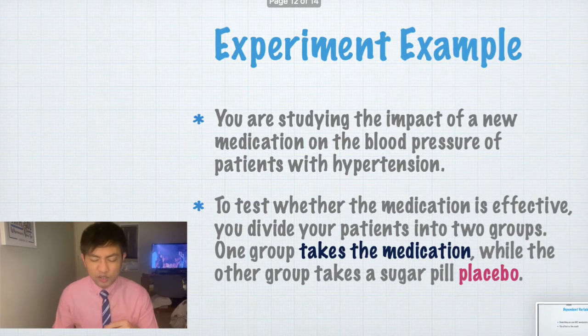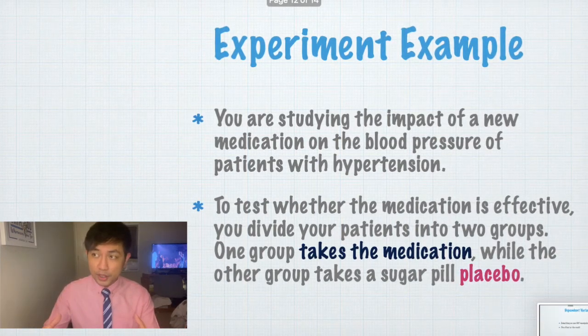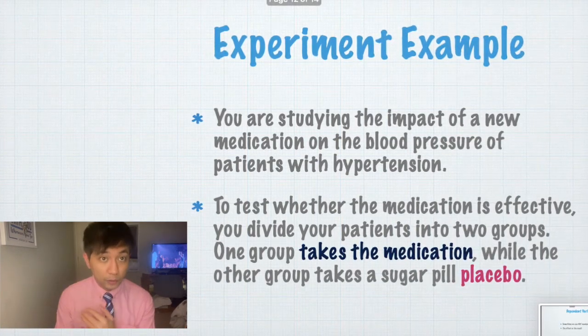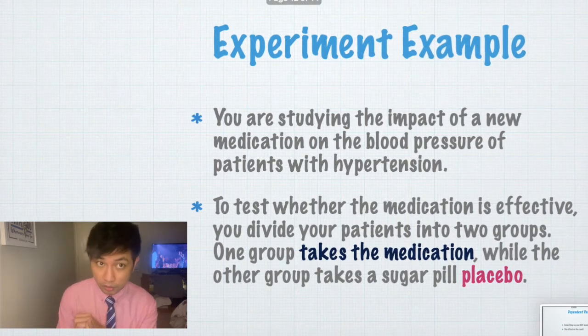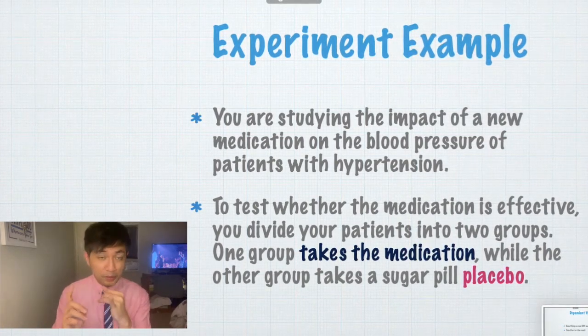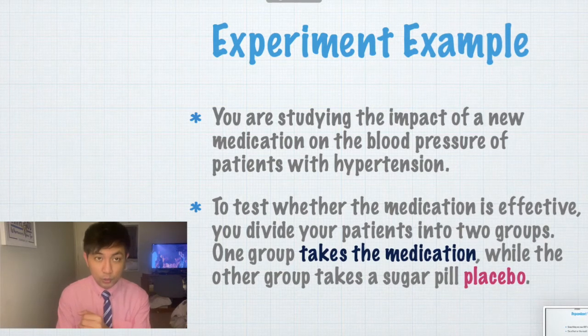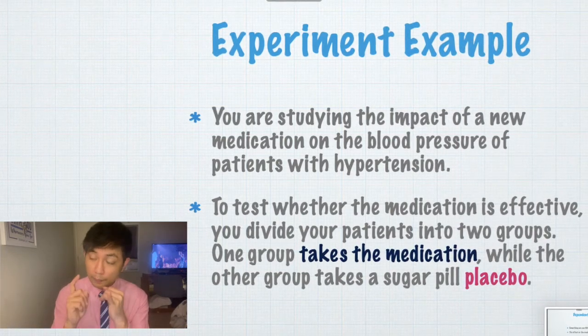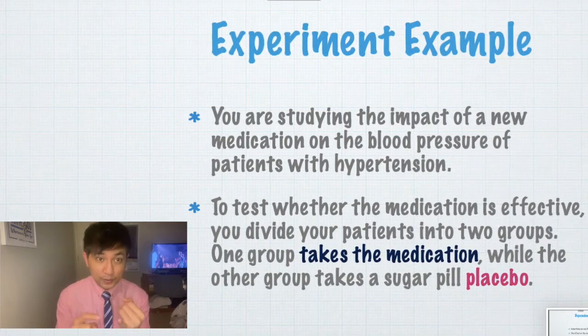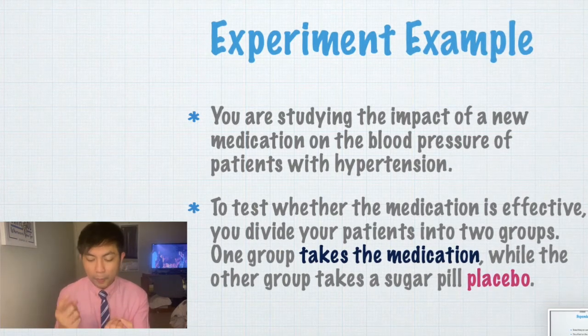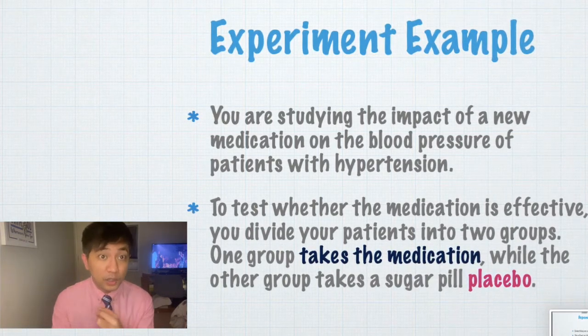In that situation, the independent variable will be the medication, because you can change the medication. It can be 5 milligrams, 10 milligrams, or no medication at all, which is basically your control group. And what will be the dependent variable there?